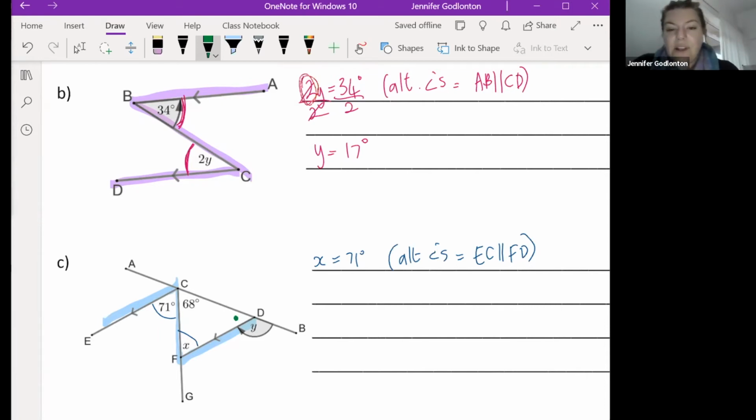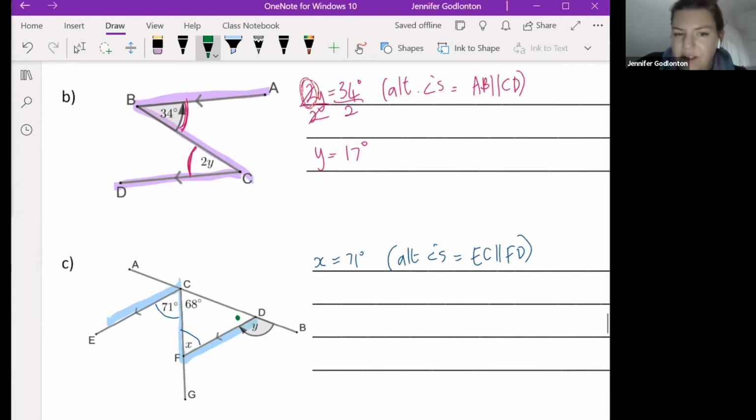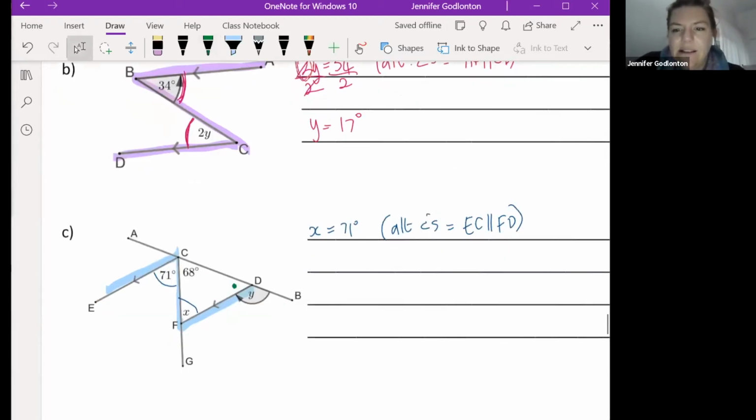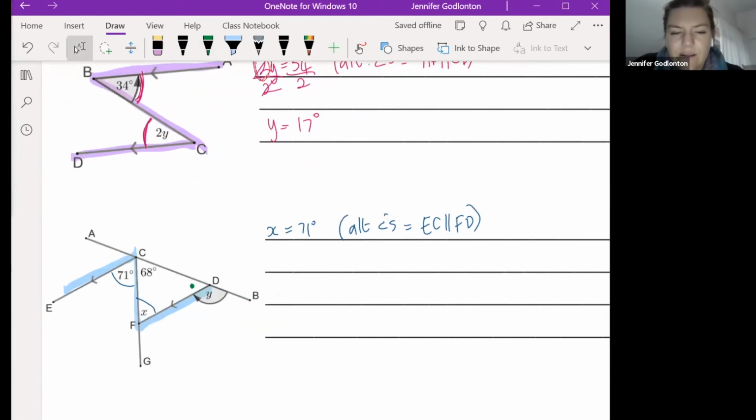Okay, everything you're saying is great. How would I write that as an equation in here? 68 plus X. So I'm going to write plus 71 because that's X. And then the reason would be, wait, it's not corresponding, is it?